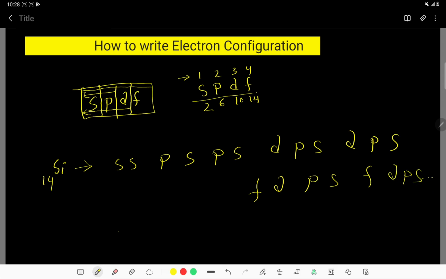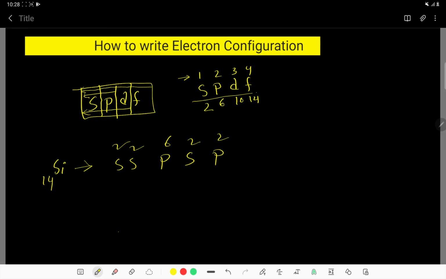You can write any number of fdps. So let us distribute these 14 electrons: 2, 4, 10, 12, then 14. So you don't need this subshell for silicon.